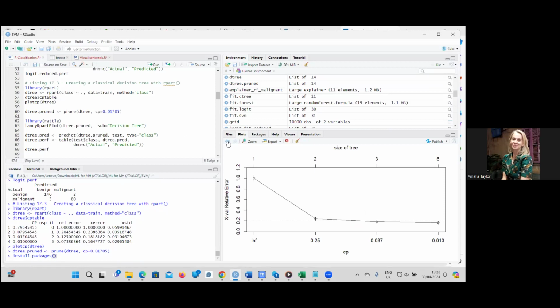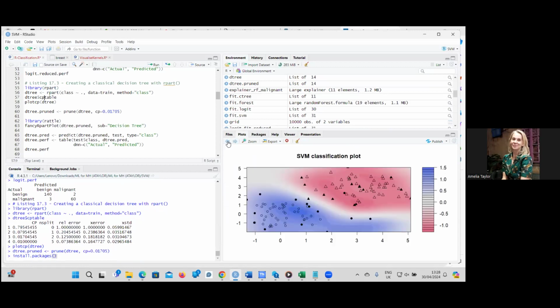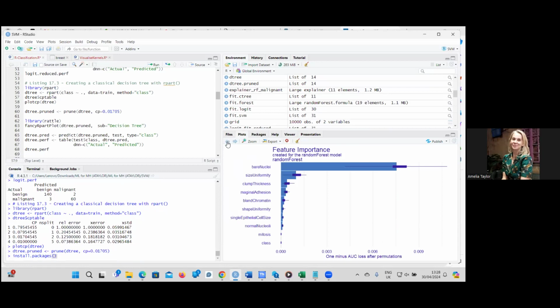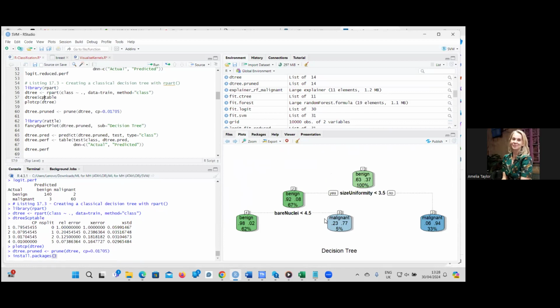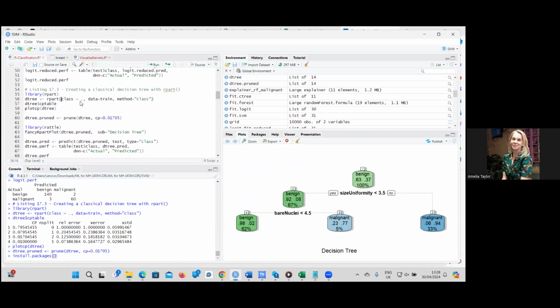It did not plot the tree. I don't see it plotted. Let me go back. I have run the tree before. One minute. This is the tree that is being built. And you can see which are the features that were chosen to build the tree.